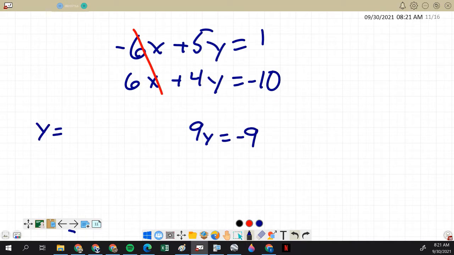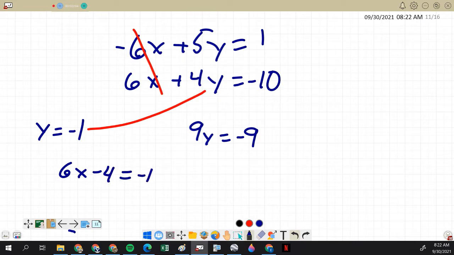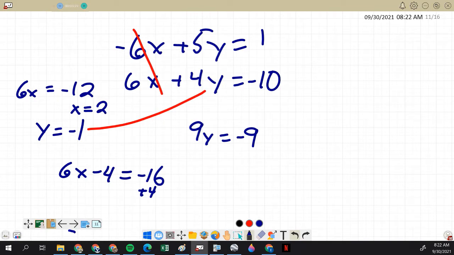So y is equal to -1. Then I plug that back in. 6x minus 4 equals -10. Add 4, and I get 6x is equal to -12. Divide by 6, and x is 2. Easy enough, right?